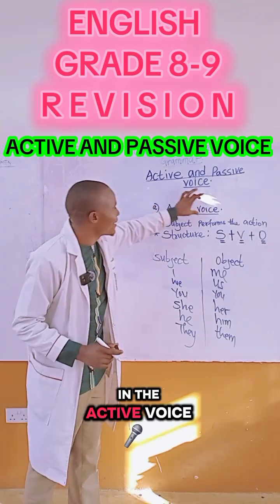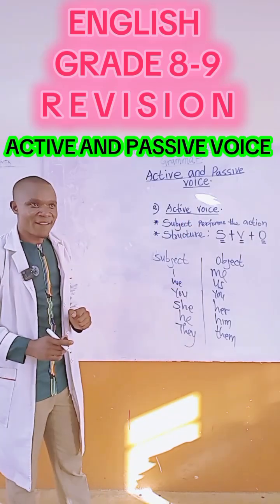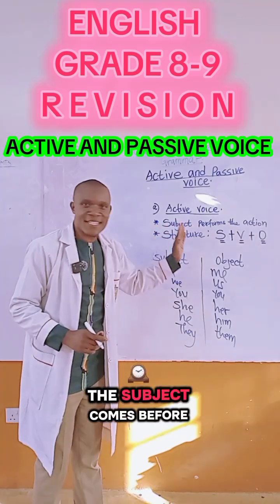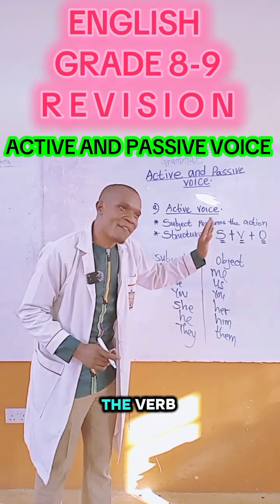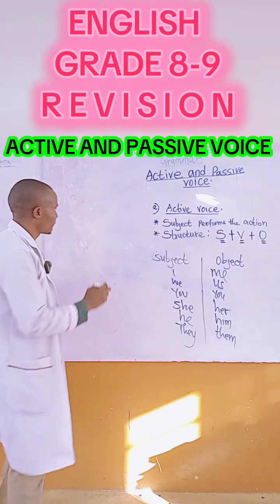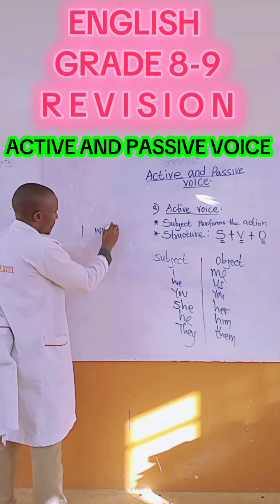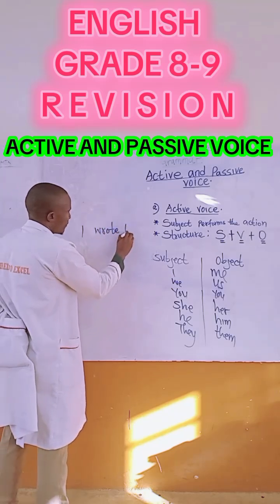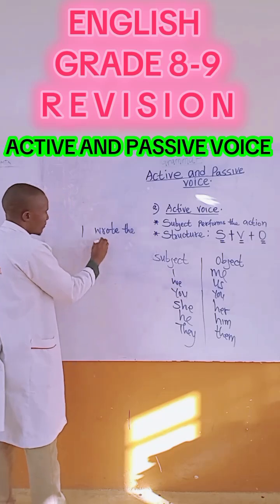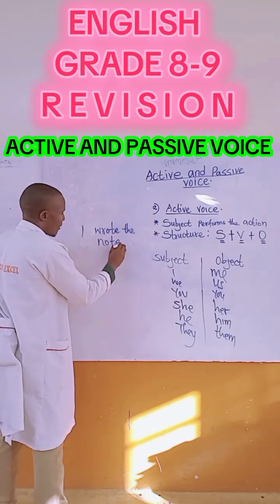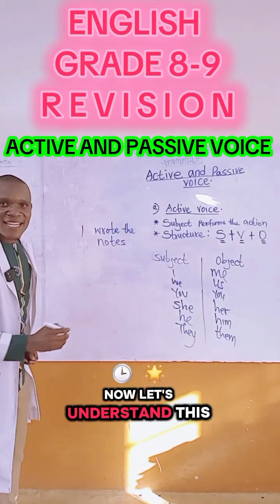What are you supposed to understand here? In the active voice, the subject comes before the verb. Now, let's understand this.